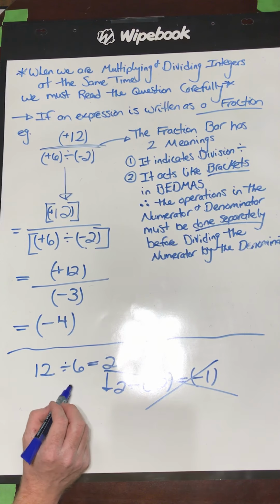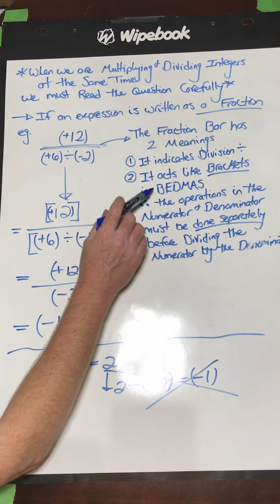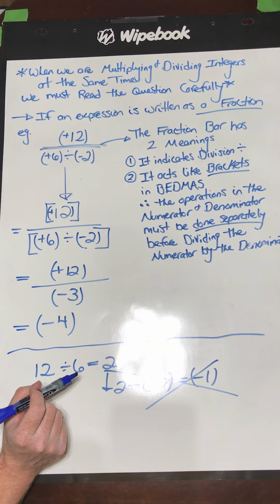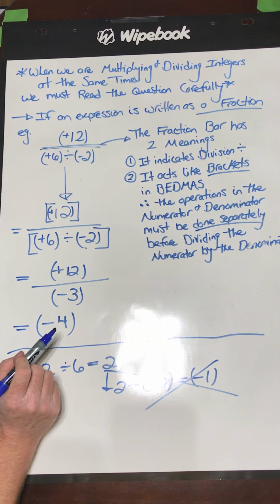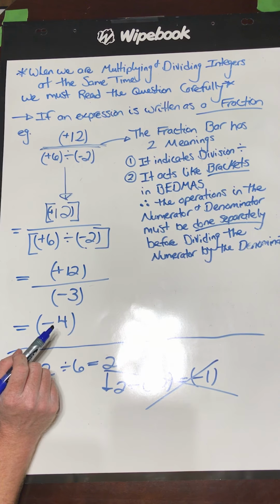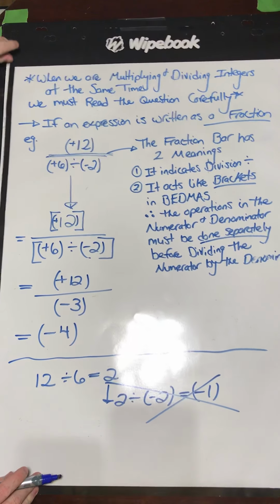Okay, so an important point here is that this fraction bar acts like brackets in BEDMAS, and therefore the operations in the numerator and the denominator must be done separately before dividing the numerator and the denominator. Let's do another question. Example.